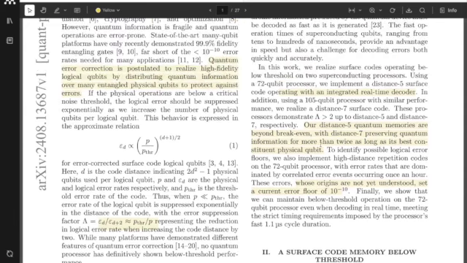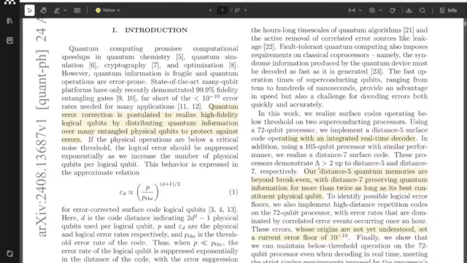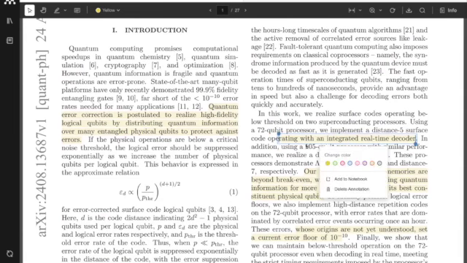After that, they want to tell what they are doing in this work. They use a 72 qubit processor for the surface code and also a 105 qubit processor. They are using the 105 qubit processor as a total, and the 72 qubit processor is used here, arranged as a decoder in distance 5 and distance 7.